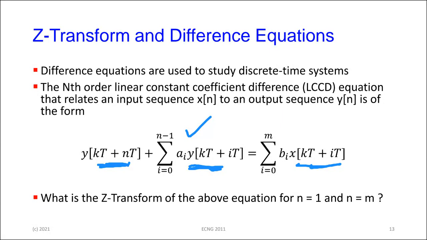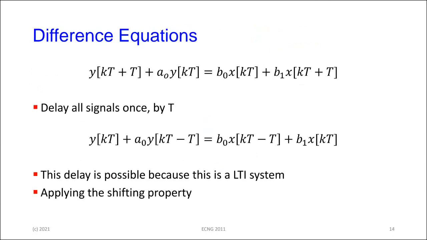Let's just generalize a little bit and let n equal 1 and m equal to n. So this is now our first order difference equation. A general first order difference equation has one difference in y. You have y, you have x, and you have one order difference in x(kT).